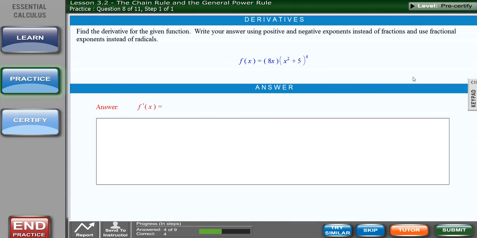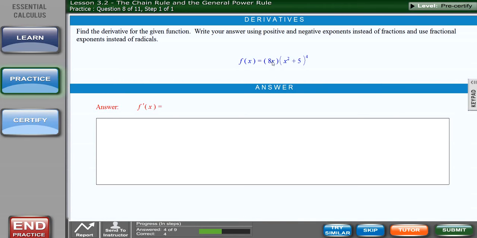So what you've actually got to do is combine the general power rule, which we're learning now, with the product rule that we learned in section 3.1. Okay, so in other words, think back to that section. That was where you had first times second. Well, if you look at this problem, that's basically what you have here.